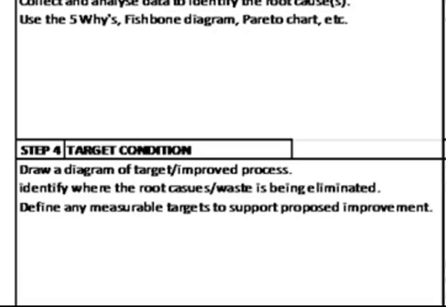And then you would also define the measures or metrics which would be the expected results once this is implemented. So if this target condition becomes a reality, what would your expectations be in terms of the metrics and the outcome? This is what you're going to be measuring the success of this project against, based on the current condition versus the target condition.